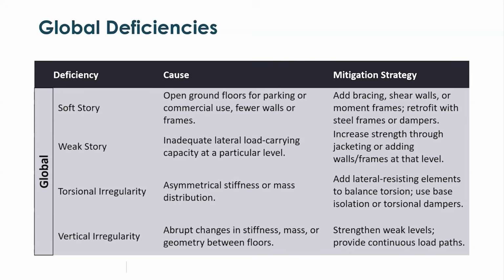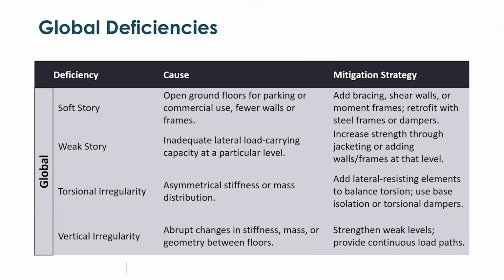For torsional irregularity, we add walls to make it balanced. We add frames to reduce the irregularity. We can look at the modal response and so on. In the same way, we can strengthen the weak levels and add walls or remove walls which are causing the problem.